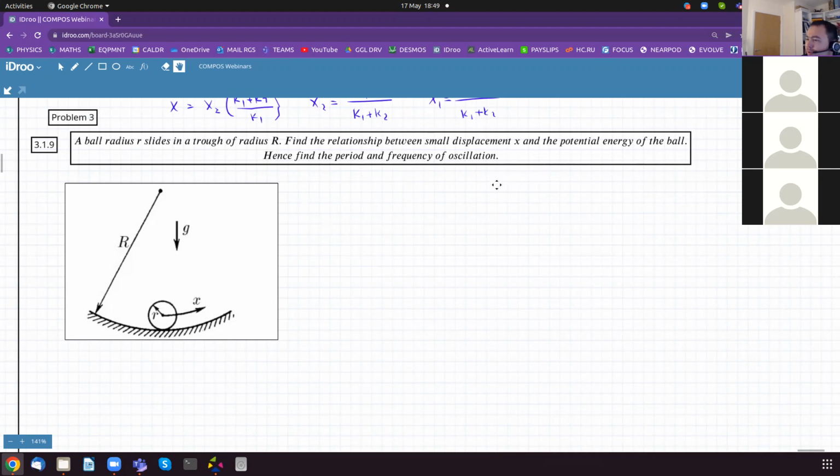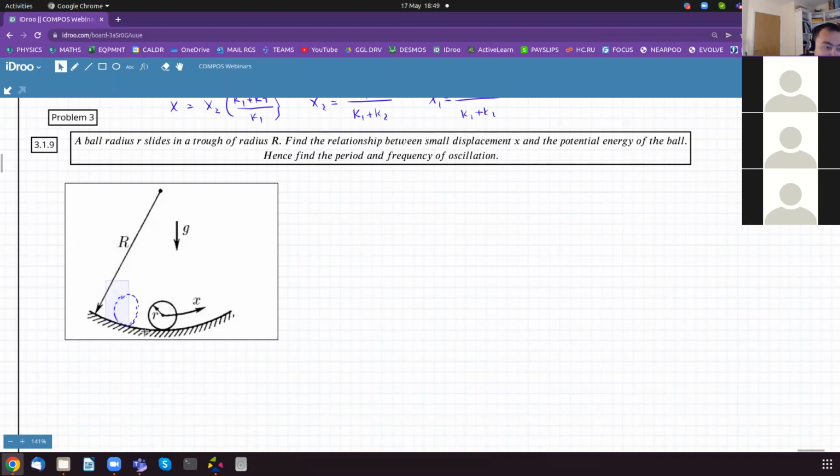So what potential energy are we talking about? Somebody help me. What do we mean by the potential energy of the ball? Yeah, of course, GPE. If you displace the ball a small distance, the ball will raise.